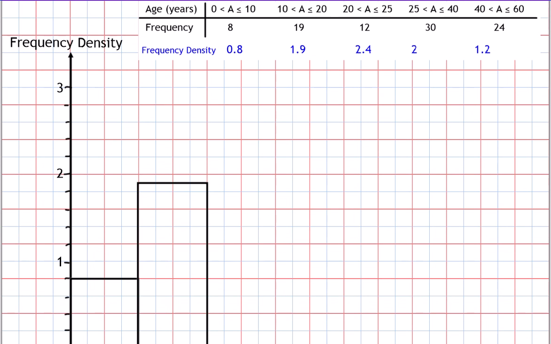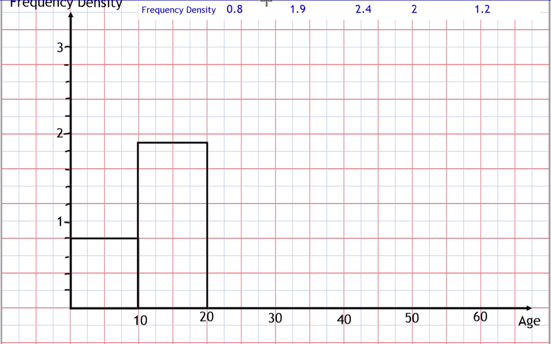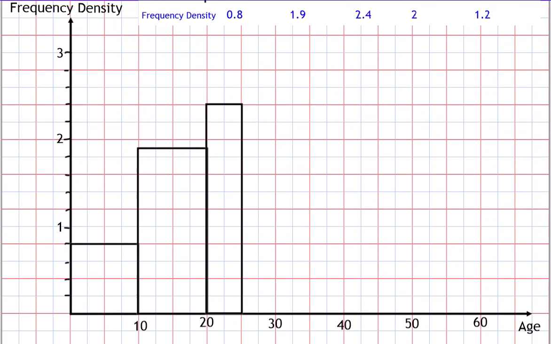Now the next bar is different because it goes from 20 to 25 and a height of 2.4. So it's thinner. So it only goes to 25, so that's there. And it's got a height of 2.4, which is there. But be careful you don't just copy the width of the other bars because this one is a thin one.